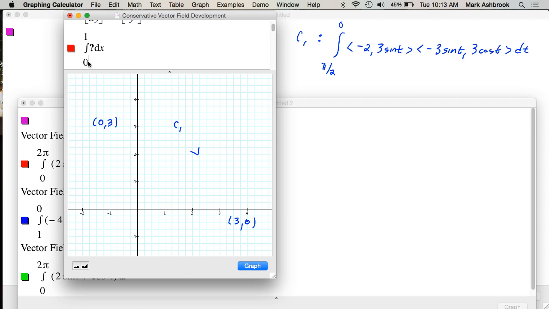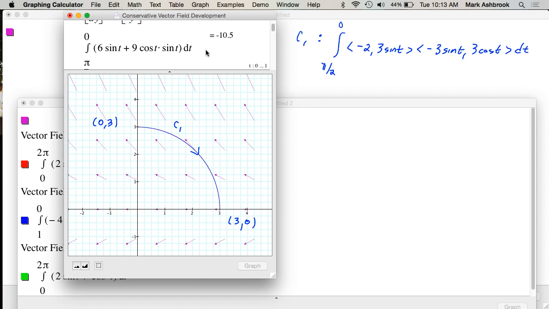The integral from 0 to pi over 2 of 6 sine t plus 9 cosine t sine t. Negative 10.5, negative as we expected, right? Big important conclusion here.